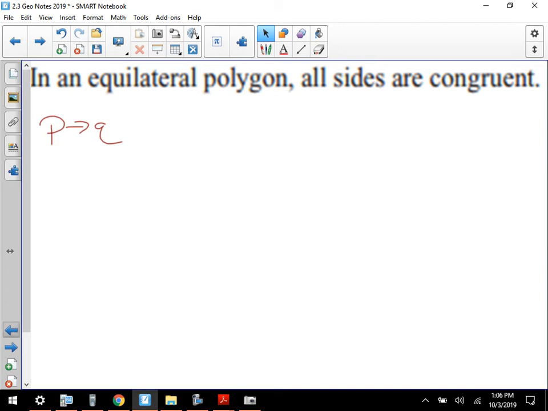So when you're dealing with polygons, you have things called equilateral. Equilateral stems from the Latin word for side, equal sides. So equilateral just means that all the sides are equal. You guys have done that with what we call an equilateral triangle. An equilateral triangle has all three sides equal.